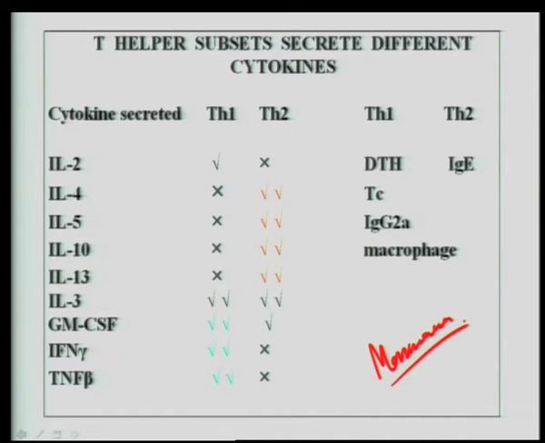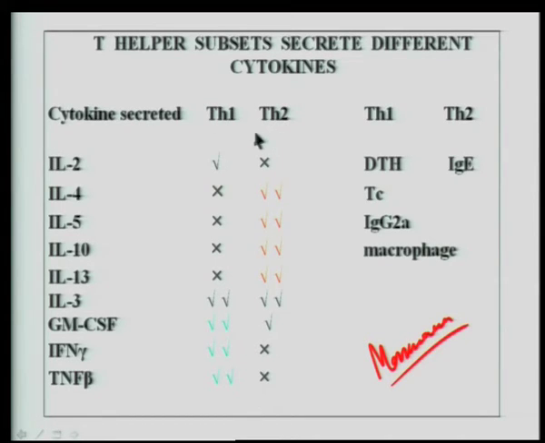Based upon the secretion pattern of these cytokines, one can classify, separate or purify T cells of different types. In this particular slide you have two different kinds of T helper cells called Th1 and Th2. These two different kinds of T helpers have a very important bearing and consequence on the immune system.